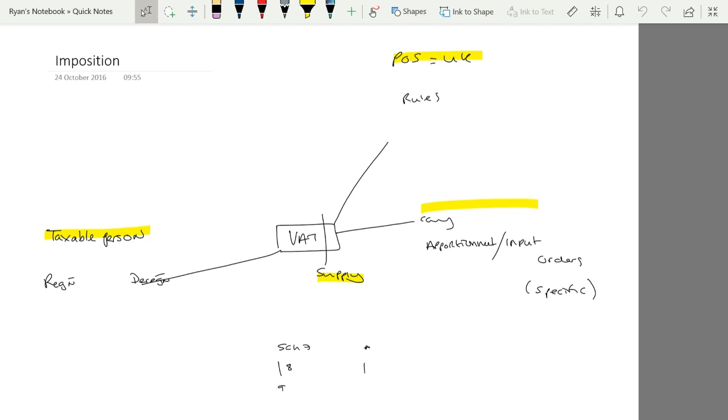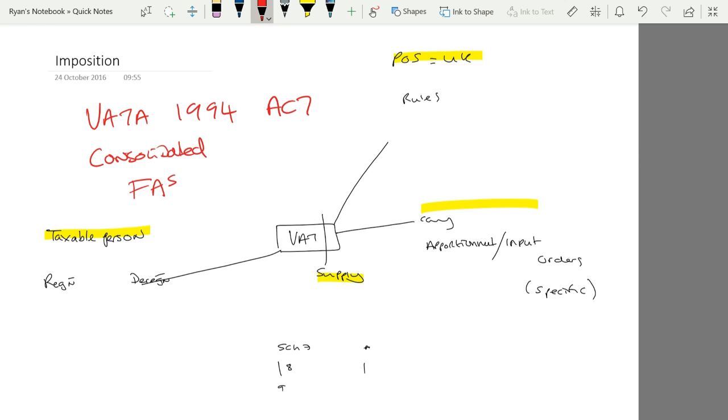And if we look at VAT, it's predominantly governed by the VAT 1994 Act. Okay, and this is a consolidated act, and what we mean by a consolidated act is that previous finance acts have been rolled up, combined, consolidated to get this VAT Act.